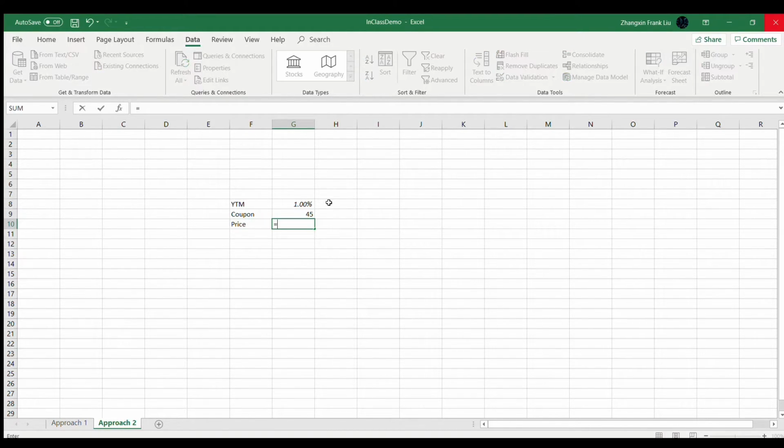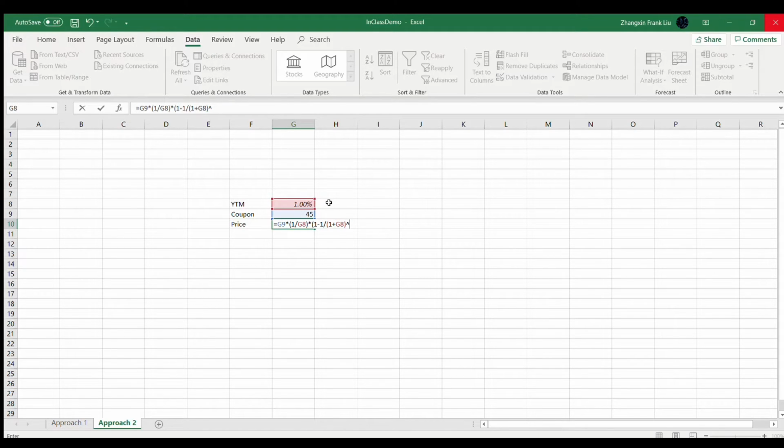So the bond price here, let's just put down a formula. And the formula here is coupon payment times 1 over yield to maturity times 1 minus 1 over 1 plus the yield to maturity, power to how many payments? 14 payments, right?